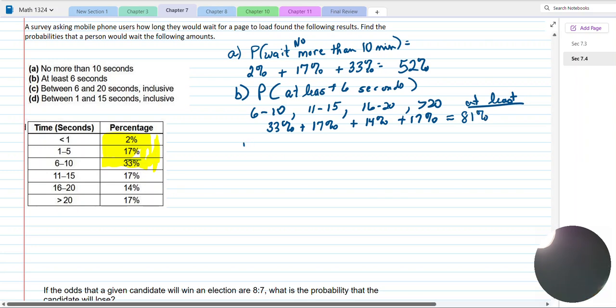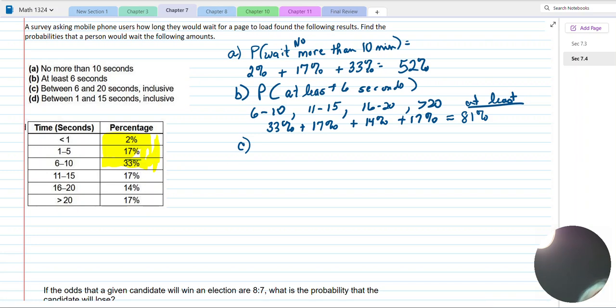Again, learning how to read a chart of percentages that are the probability factors for that table. This one is interesting because it says they want the probability they'd wait between 6 and 20 seconds inclusive. Inclusive means include those values.